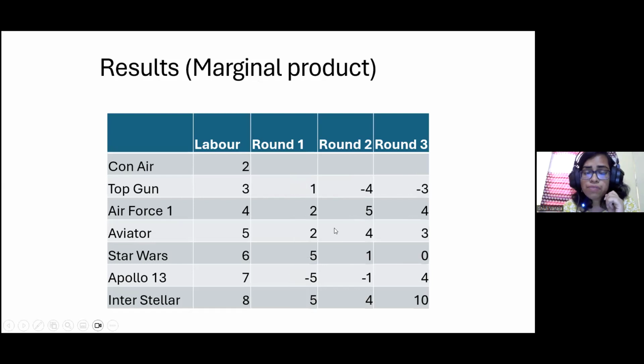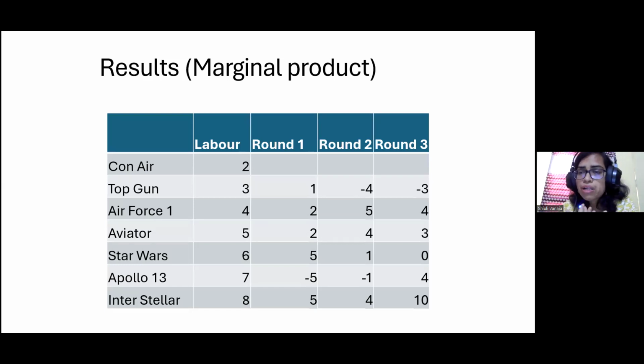The third thing which we are interested in is called marginal product. What is marginal product? I am interested in understanding how the total output changes when I increase the workers by 1 unit. So what I am really interested in is the change in total output from each additional worker.